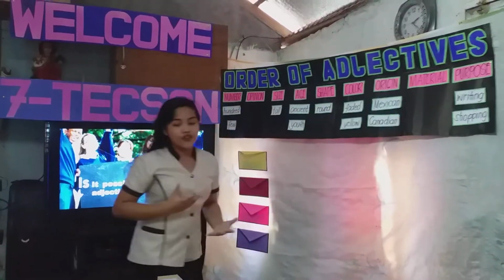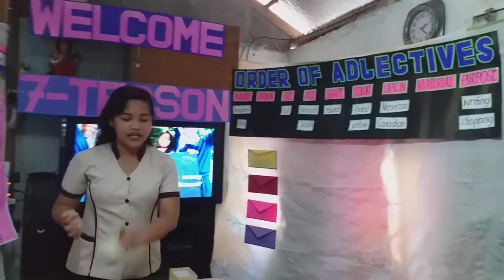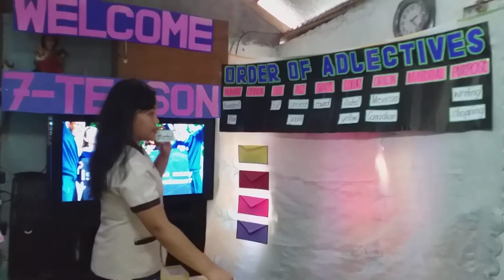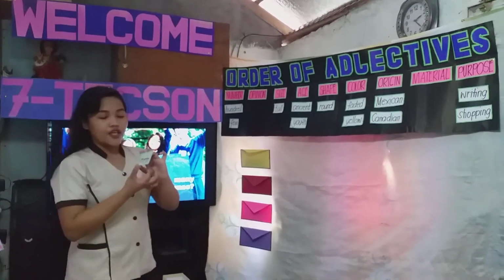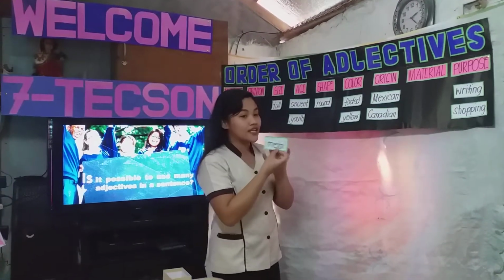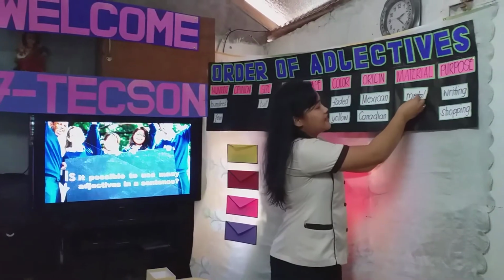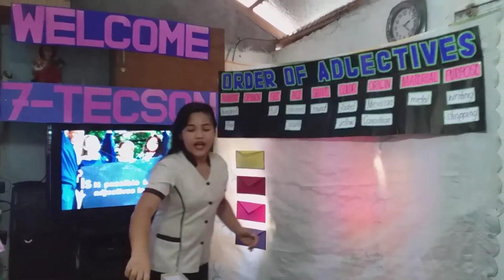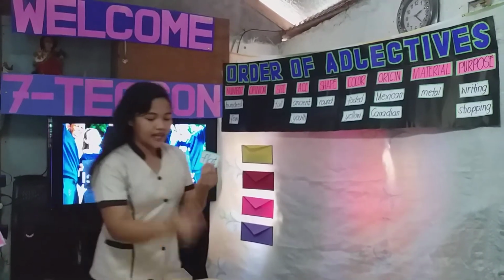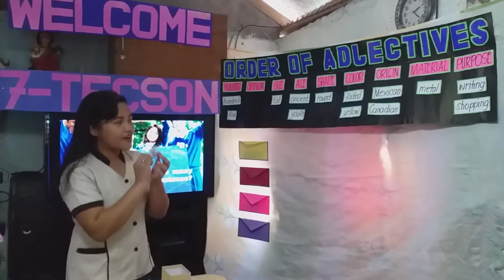So when you say round, it is similar to circular or circle. Very good. Next, metal. So when you say metal, you are saying that something is made of metal. So this is in what column? Very good. Material. We have another word, flat. So when you say flat, you are describing, very good, the shape of something.